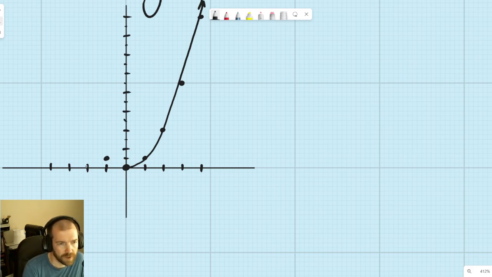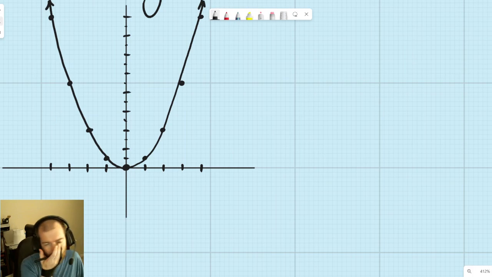So negative 1, 1, negative 2, 4, negative 3, 9, and negative 4, 16. That's much better. Okay, so this is the original parent function.